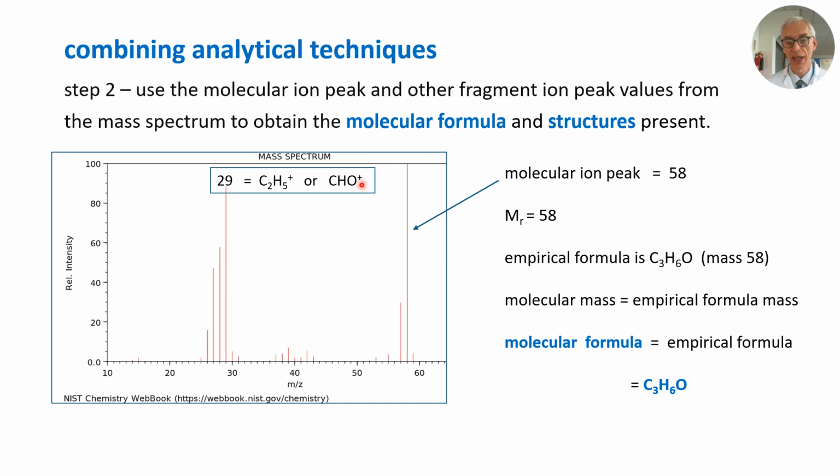So we can say that there is either C2H5 or CHO or both within the molecule C3H6O. We can also rule out CH3 groups because we don't have a peak at 15. That might be useful.